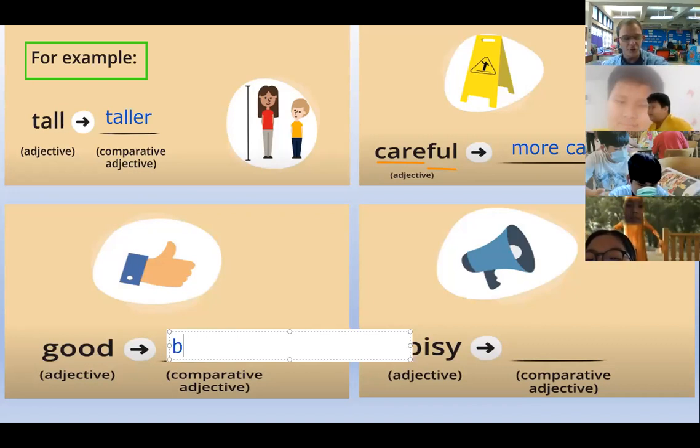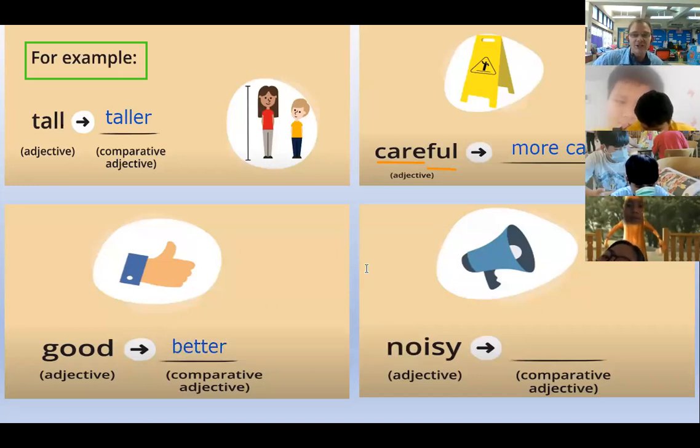So we're looking for the one which is better. So I'm good at math, but Leon is better than me. See how we use the word better. Good is one of the exceptions, and bad is also another exception, where it has its own rules.